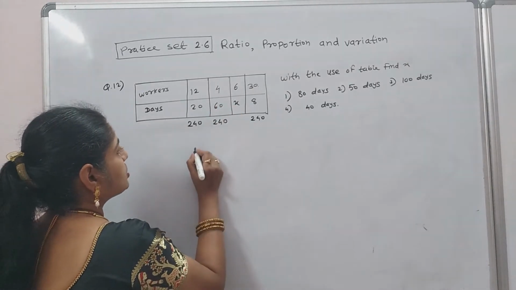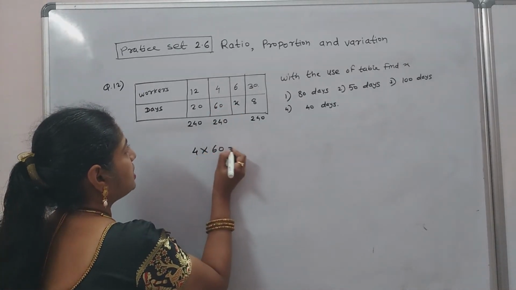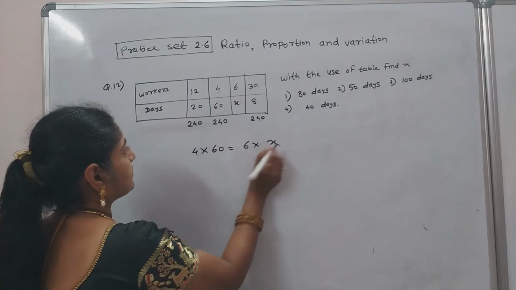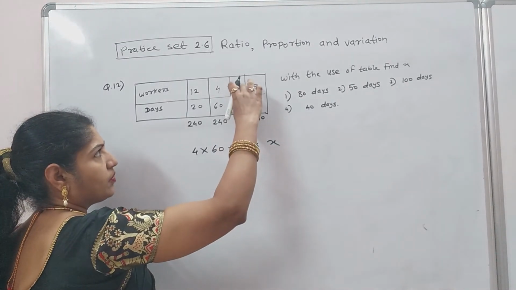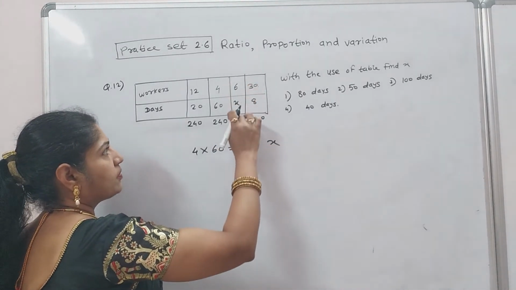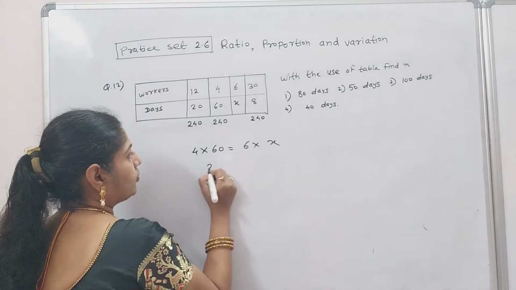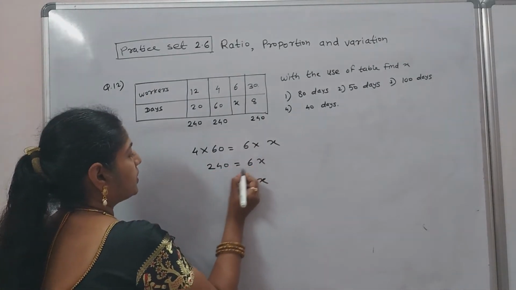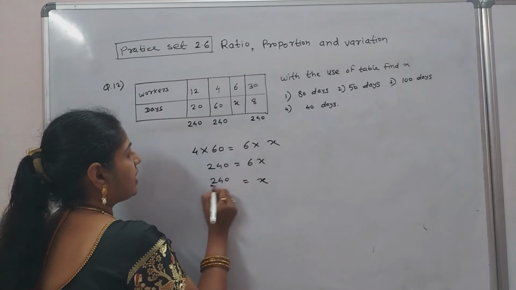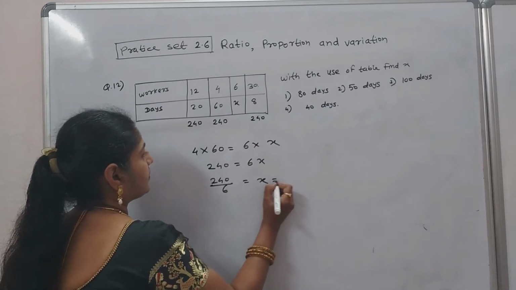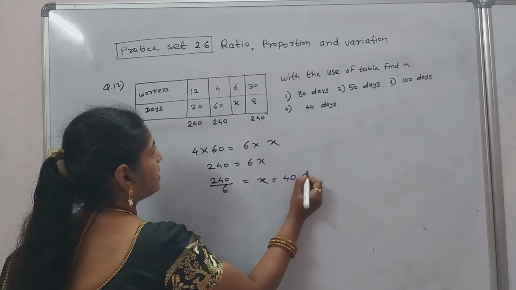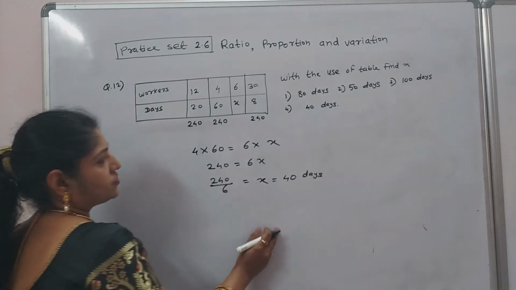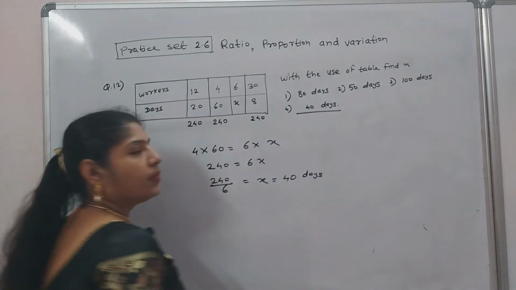So the multiplication is equal, 4 into 60 equals 6 into x. Here the multiplication of these two numbers must be 240. 240 equals 6x, so x equals 240 divided by 6, 40 days. So our answer is option number 4.